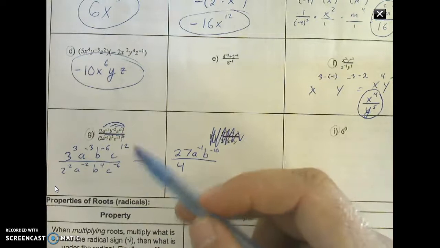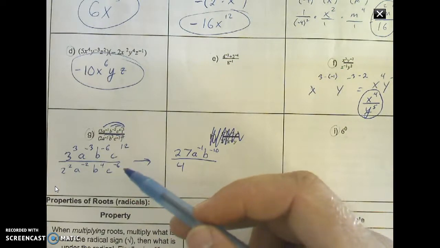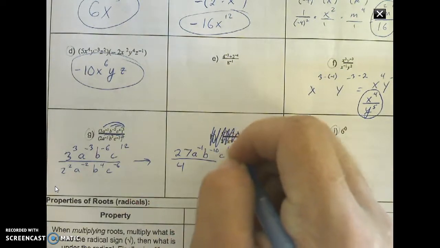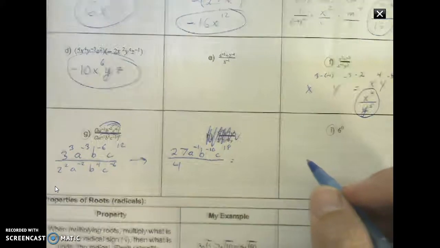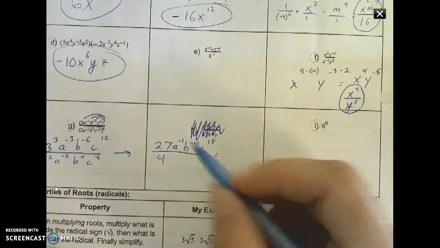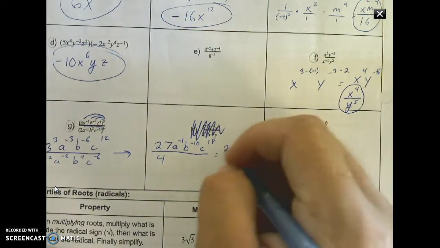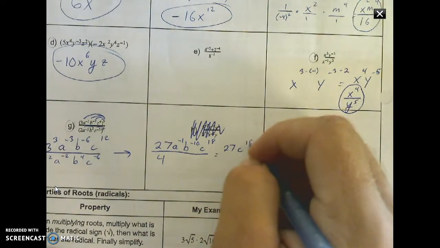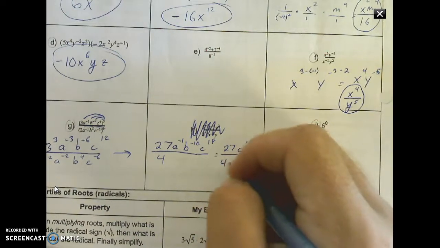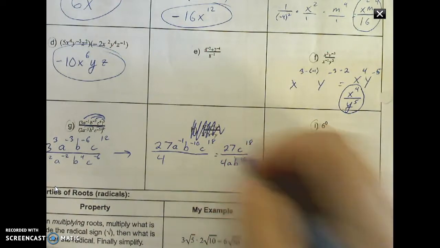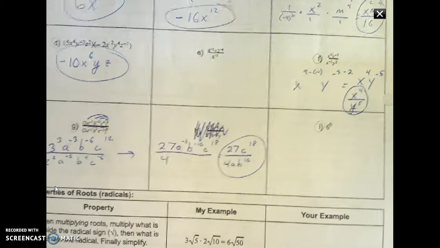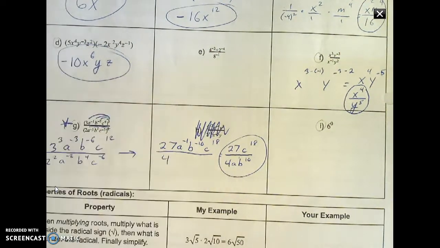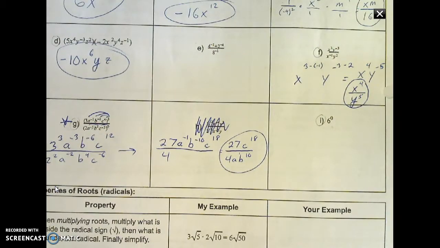And then 12 minus negative 6 becomes plus 6, 18. So only the things with the negative exponents we flip. So the a to the negative 1, the b to the negative 10, they flip. Okay? It becomes positive after you flip it. Very good problem. This is a difficult problem. Please, as you look at that, don't get too sad or whatever.